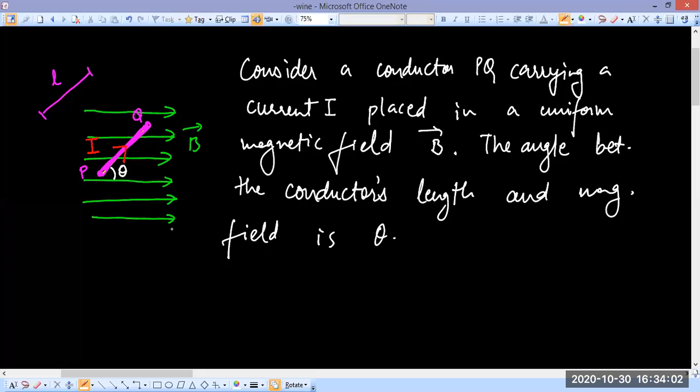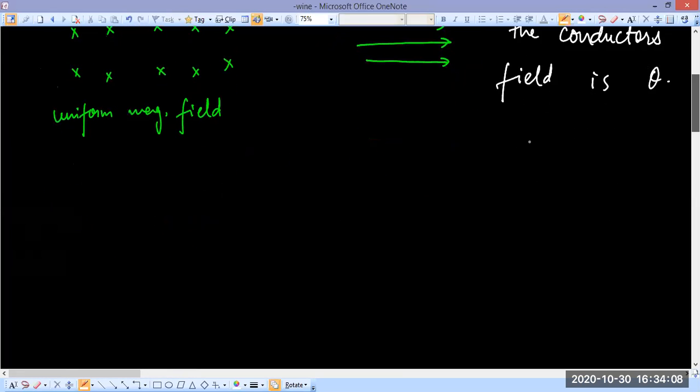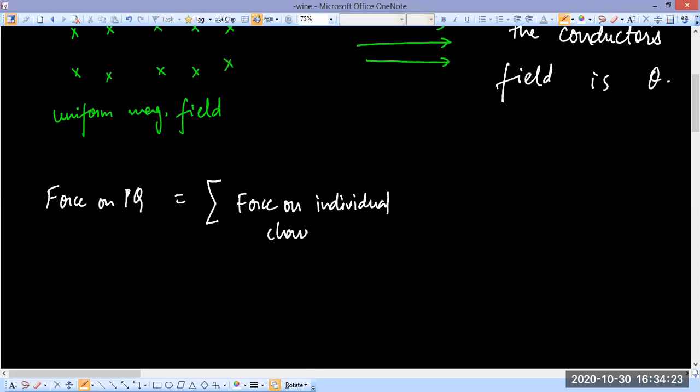So see, we can just say a rough word માં તમને સમજાવી દો પેલા concept શું કરવાના છે. We can just say that the force on PQ due to the magnetic field should be nothing but addition of force on individual charges.